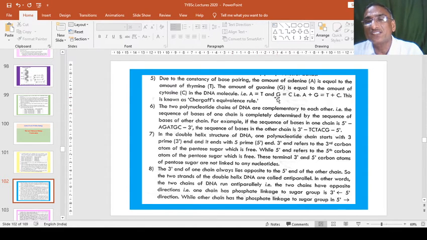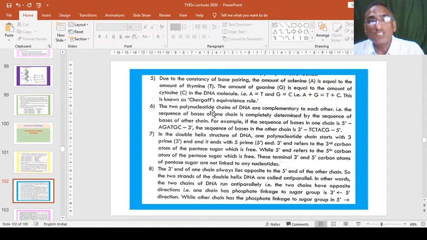AT and CG or GC alternate. Or we can say A plus G is equal to T plus C. This is one side chain, this is the other side chain, and this is known as Chargaff's equivalence rule.